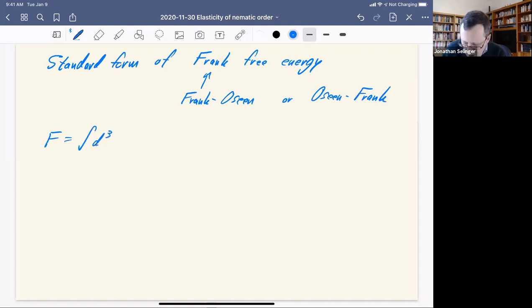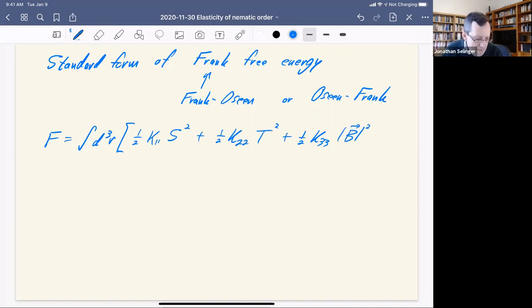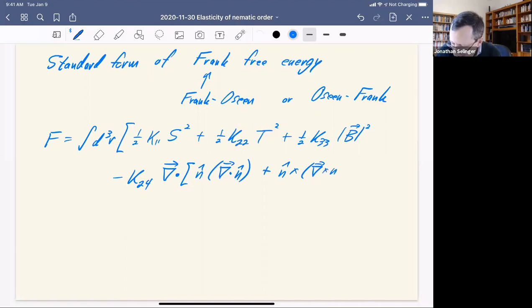It is an integral over volume of 1/2 K11 times splay squared plus 1/2 K22 times twist squared plus 1/2 K33 times bend squared, minus a complicated looking thing, which is K24 times the divergence of n, del dot n, plus n cross del cross n.